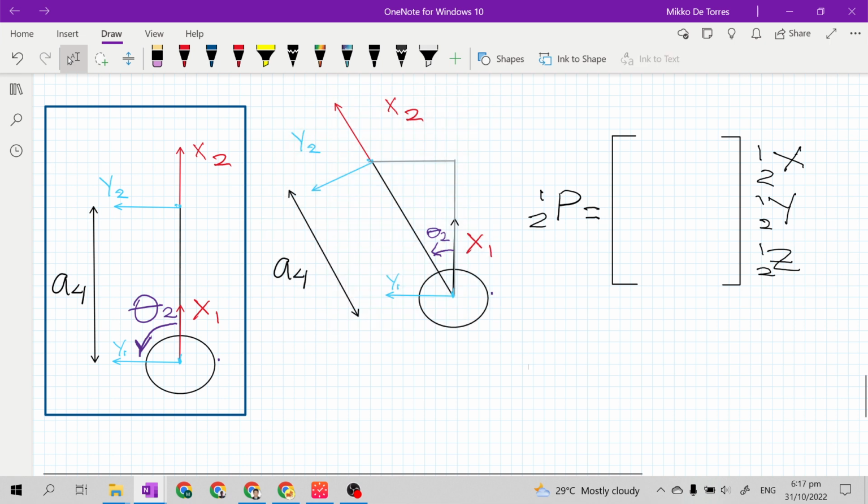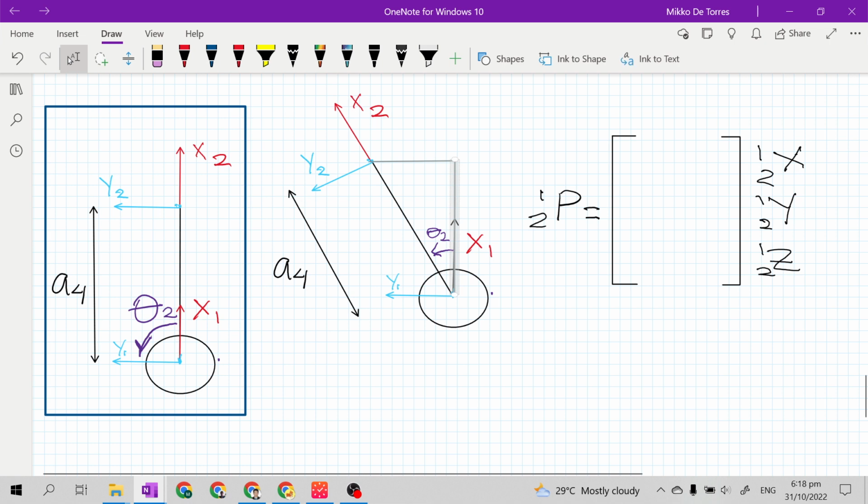Again, notice the details of frame sub 2. Frame sub 2 changes its orientation and position because our link rotates to the left. Then let's find the opposite side, the adjacent side, and the hypotenuse. So a sub 4 is the hypotenuse.